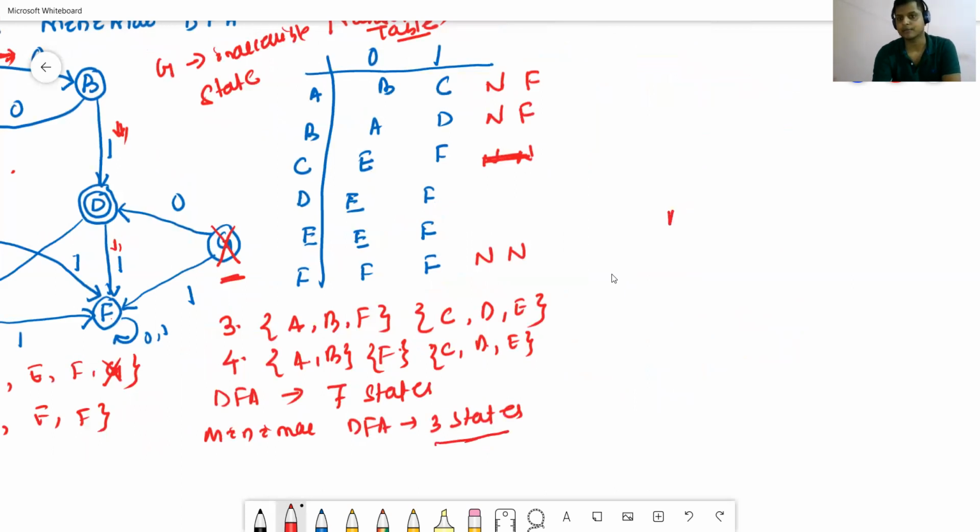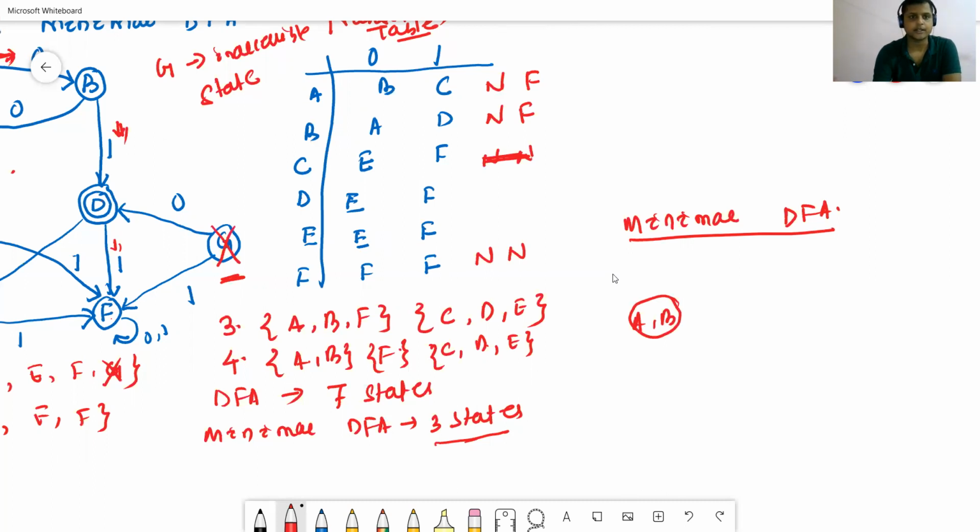Now we'll construct the minimal DFA using these 3 states: A, B, F, C, D, E.